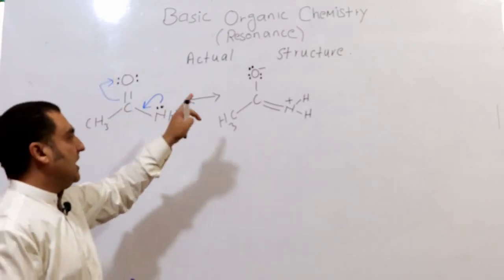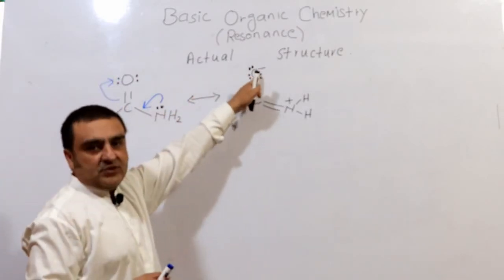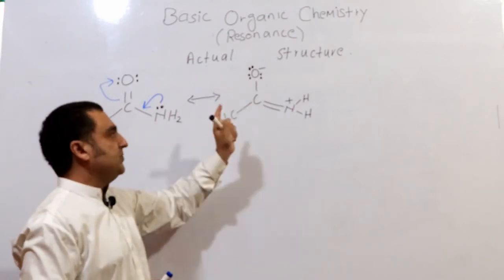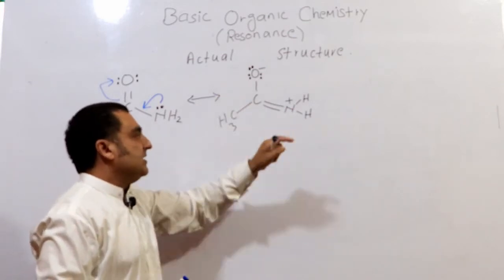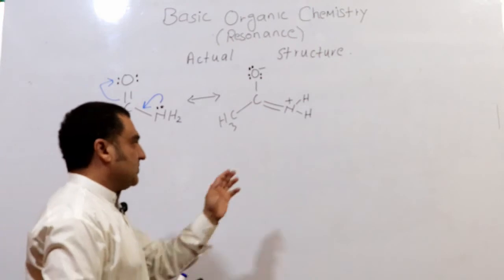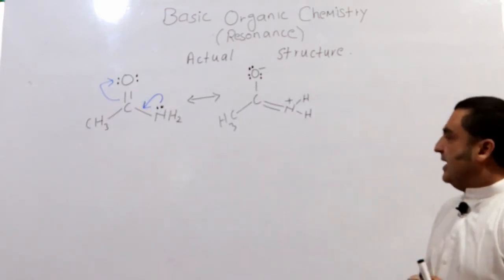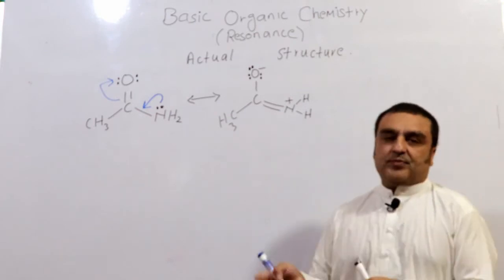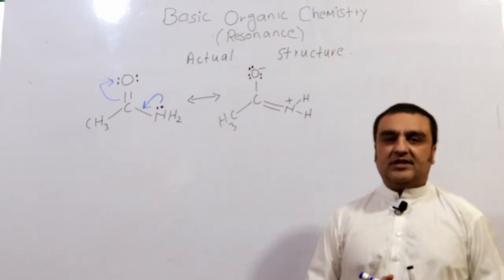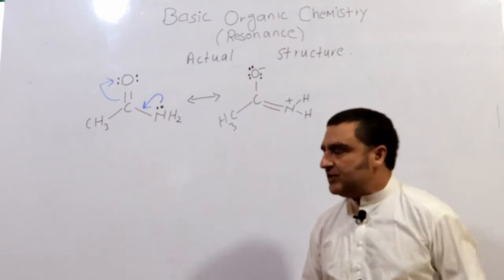Here the oxygen acquires a negative charge and has 3 non-bonding electron pairs, and the non-bonding electron pair on the nitrogen disappears and a positive charge appears on it. If someone has a problem with this, they should go and watch the previous videos.